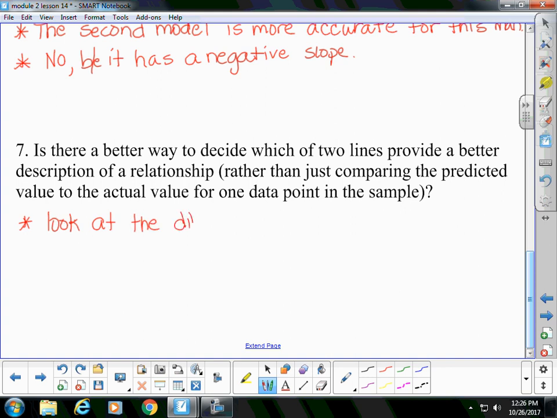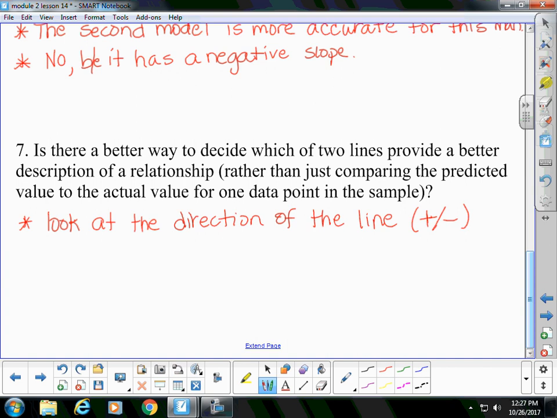That's what slope is. So I want to look at the direction of the line, whether it's positive or negative.